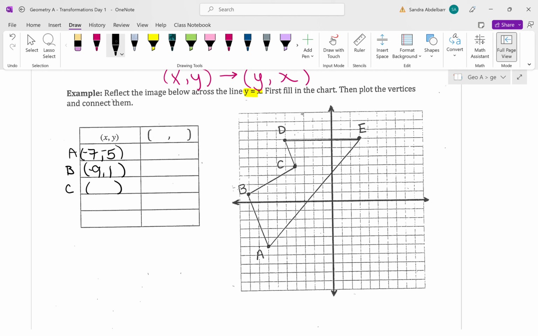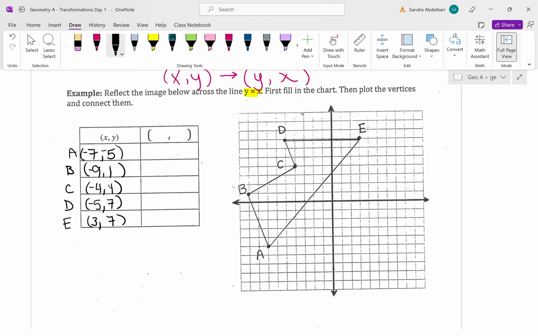For C, we are negative 4, positive 4. For D, we are negative 5, positive 7. And for point E, we are positive 3, positive 7.